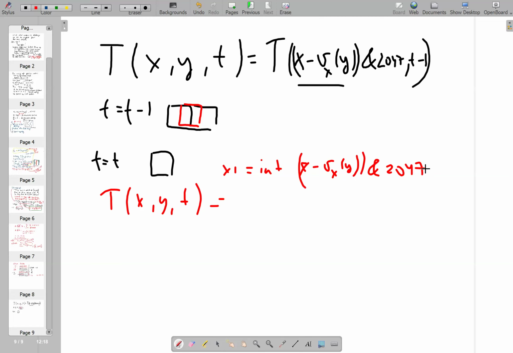And then maybe, just for convenience, let us define this whole thing here as a floating number. So T is now T of x1, and now at the moment point y at t minus 1, and now we take a weight.